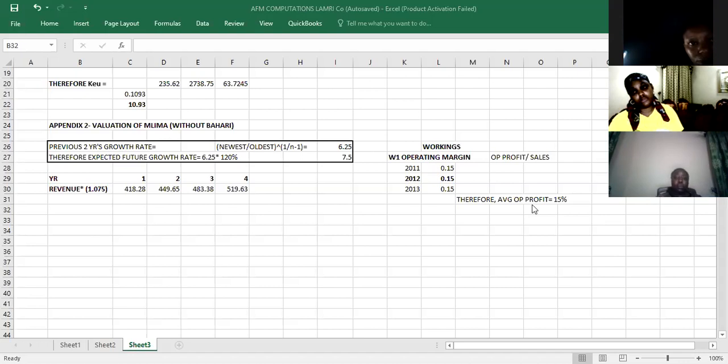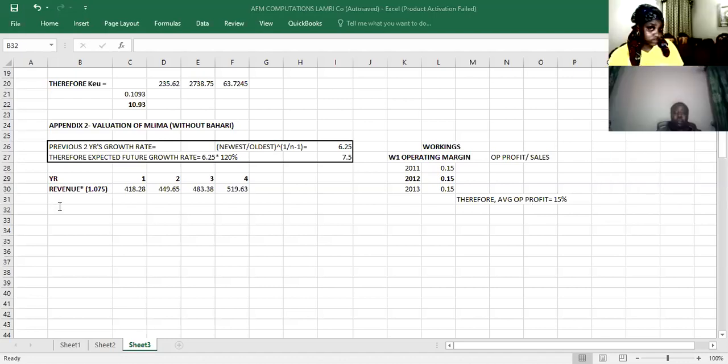So since our average operating profit is 15%, we can come here and calculate our operating profit.